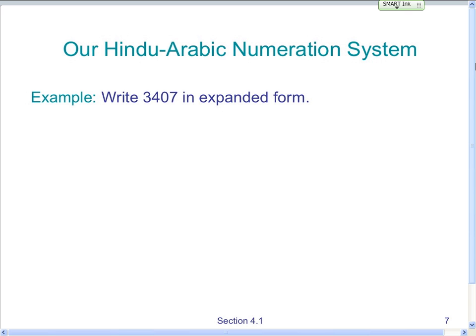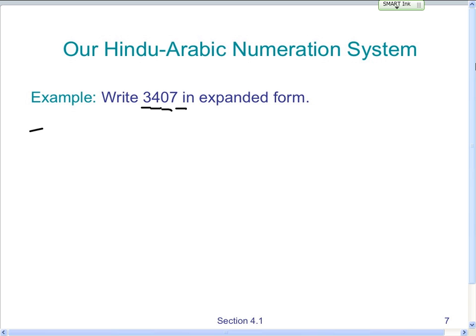All right, so we have the number 3,407. We want to write it in expanded form. Remember you want to work from right to left. So this is the ones place, this is the tens place, then hundreds, thousands.